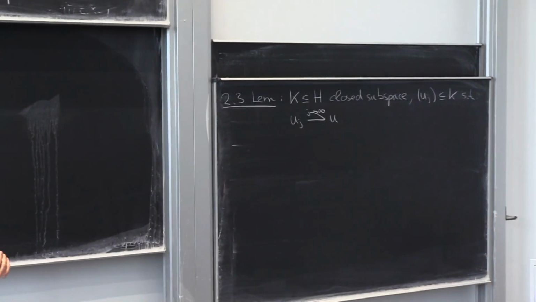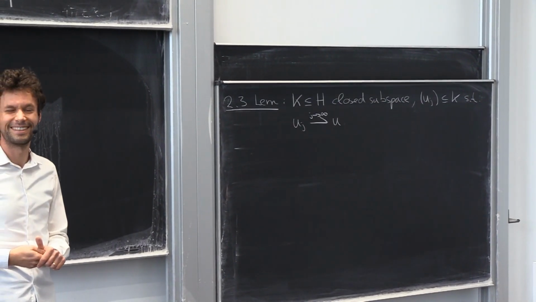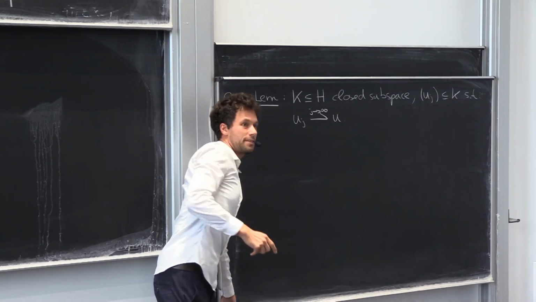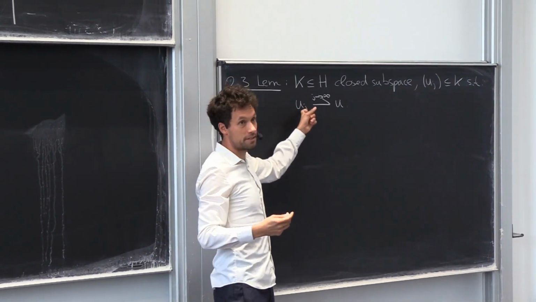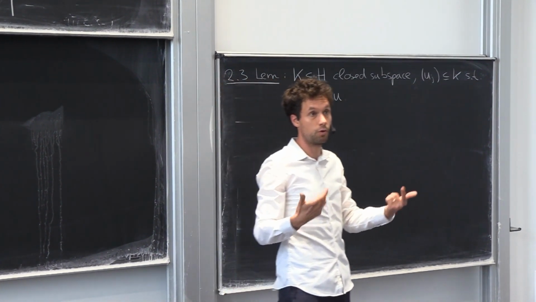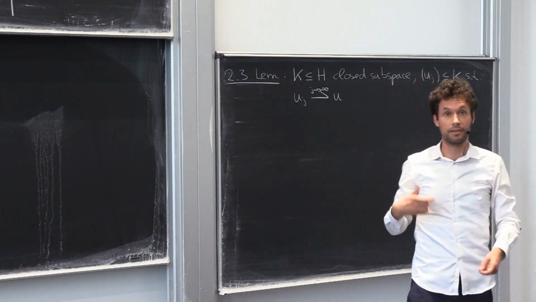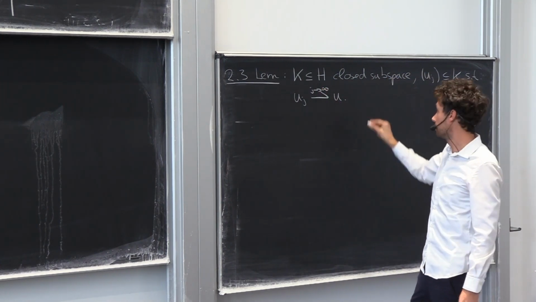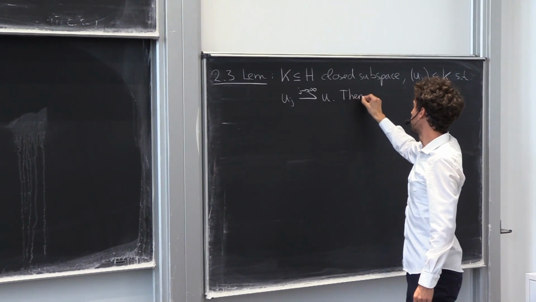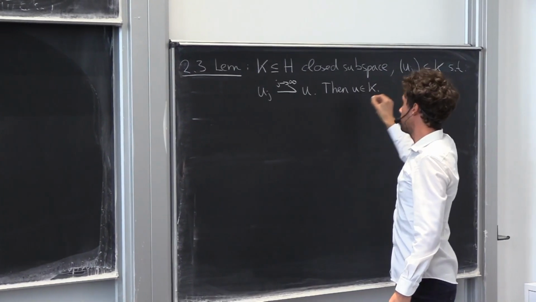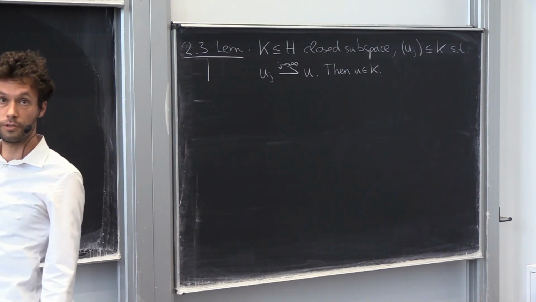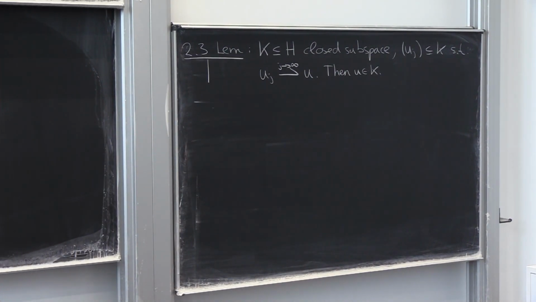The thing is that K is a closed subspace, but this convergence is not with respect to norm, it's just a weak convergence, but nonetheless I can infer that the limit will stay inside of K. In other words, these closed subspaces are also closed with respect to weak convergence instead of strong convergence.